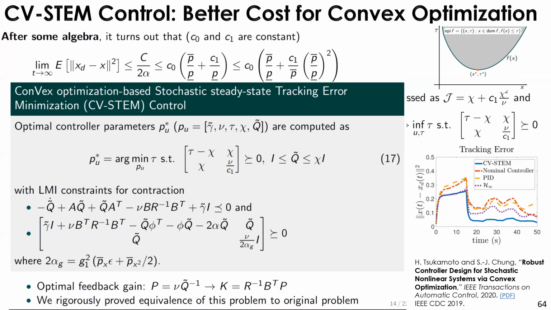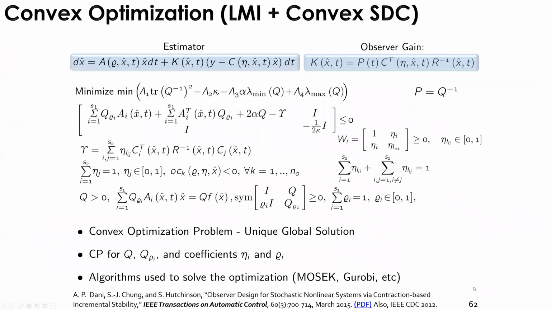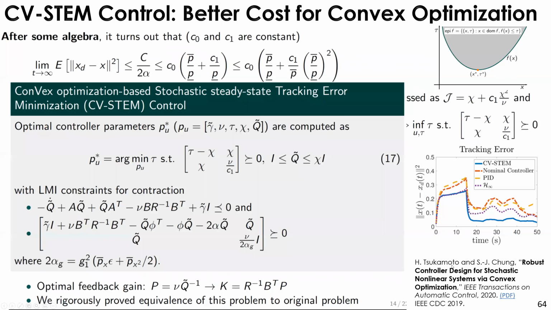In the new paper, which is under review and was published at CDC with Hiroyasu Tsukamoto, we improved our convex optimization methods so they can better predict the actual mean squared error between the desired trajectory or estimated trajectory and the actual trajectory.